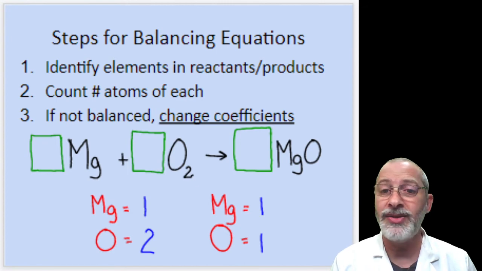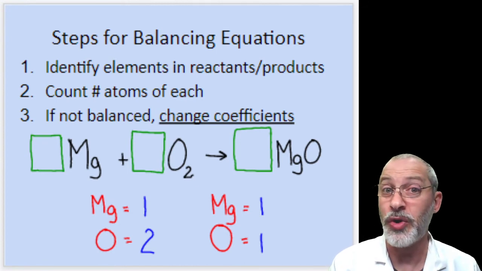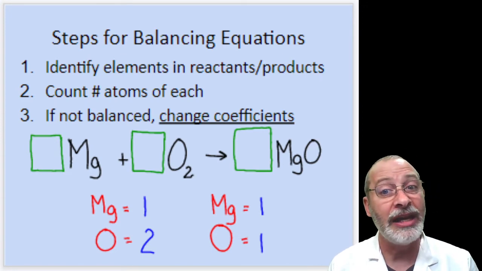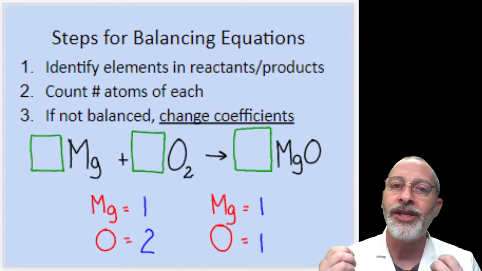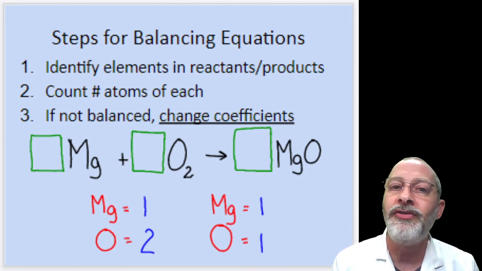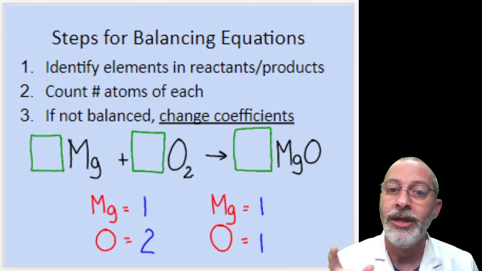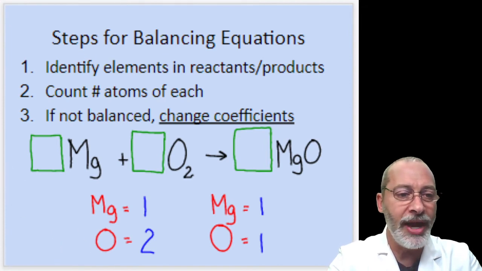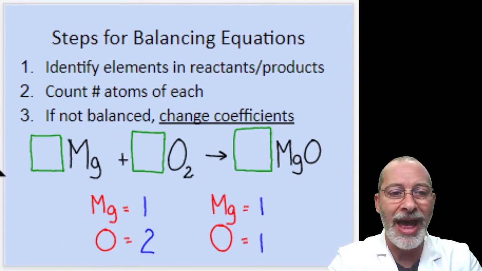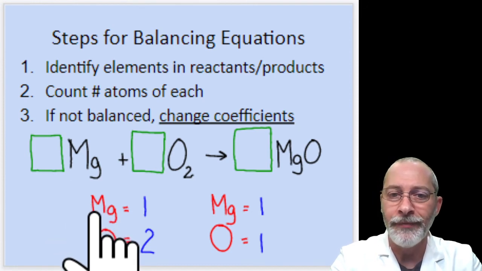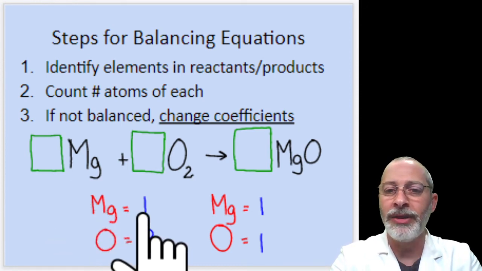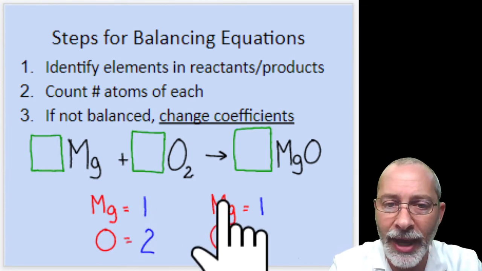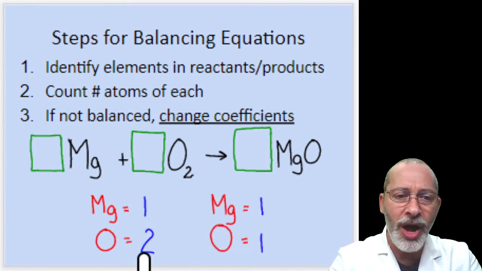If it's not a balanced equation, if the equation we're writing is breaking the law, we have to find the right proportion by changing the coefficient only. So what do we do? Well, we look at what we have here. In the equation, we've got 1 magnesium on the left, 1 magnesium on the right, 1 equals 1. That's okay. But here is where the problem is.